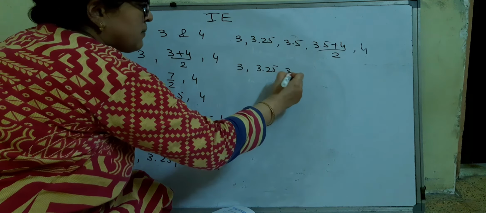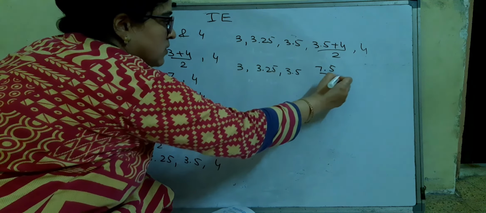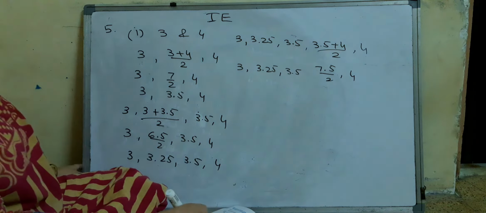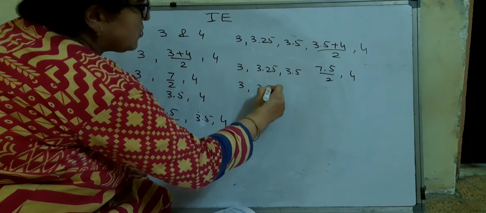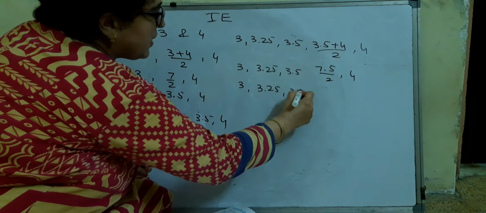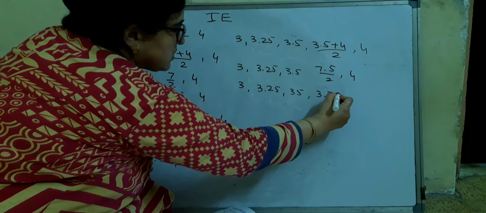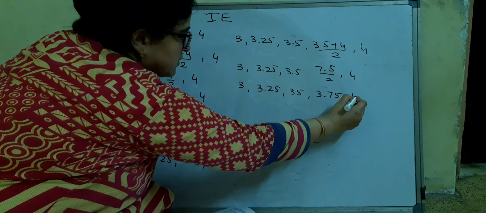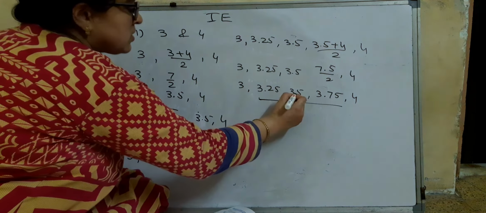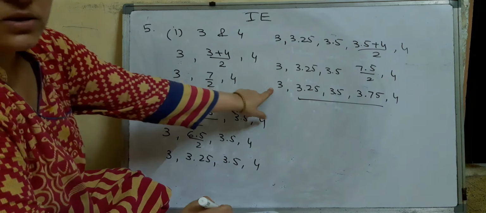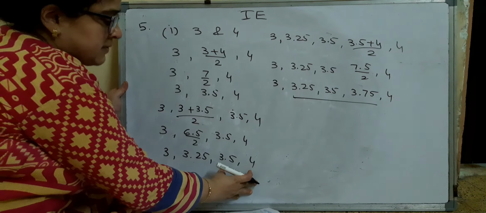Here is 7.5 upon 2 and 4, which is 3.75. So these are the three rational numbers: 3.25, 3.5 and 3.75 is the answer.